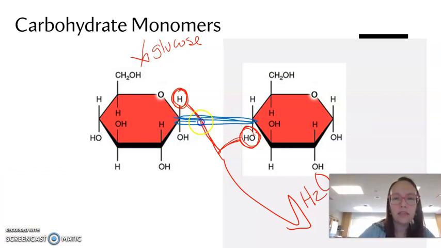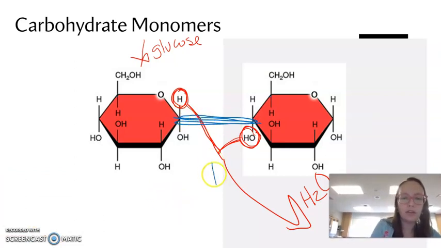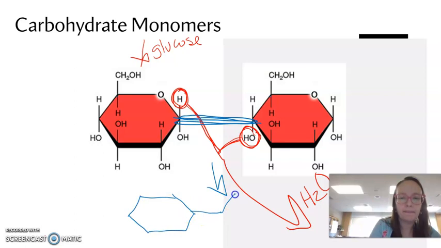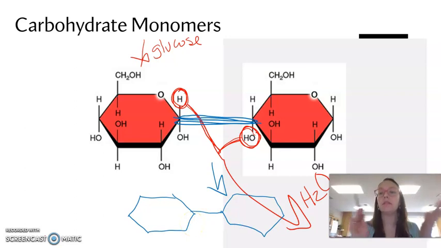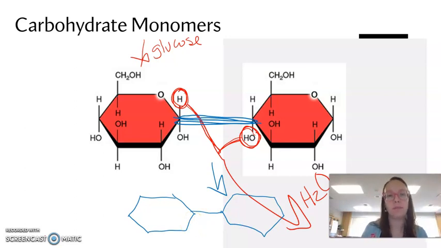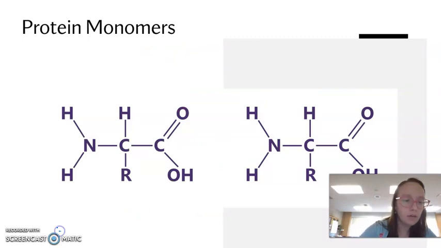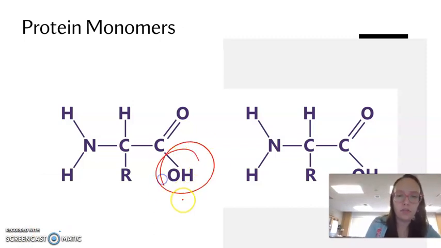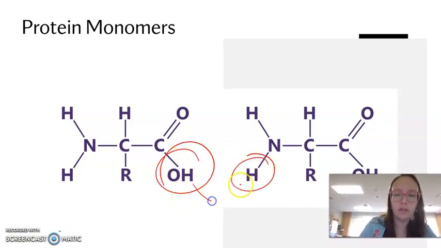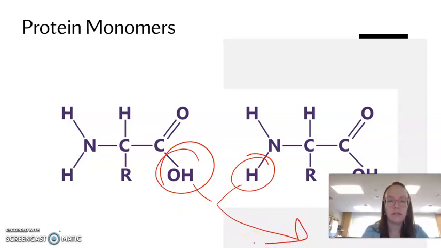So they will now bond together, and I will end up with two glucoses bound together. I now have two monomers together to make a very short polymer. You could do the same here with my protein. Notice I've got an OH over here, I've got an H over here. They will run away together, and instead I will end up with a bond here between that carbon and that nitrogen.